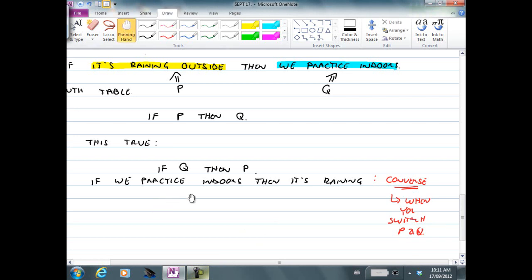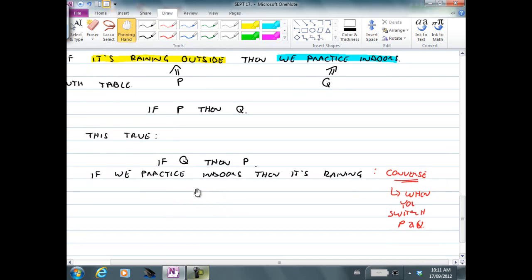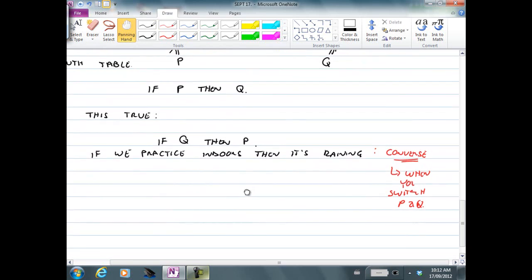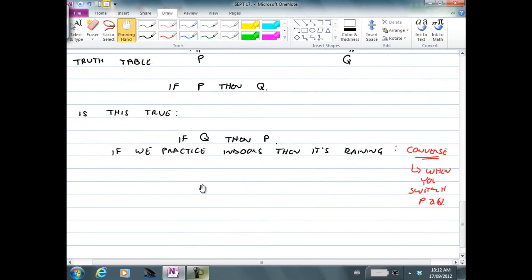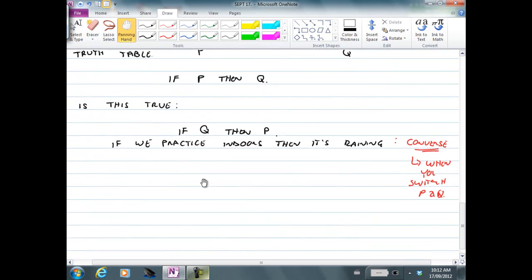You have to ask yourself, if we practice indoors, it doesn't necessarily mean it's raining outside. It could mean that the outside field is being used by someone else. So this is called a false statement. The converse is false.